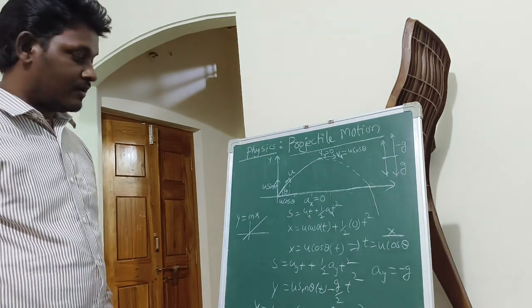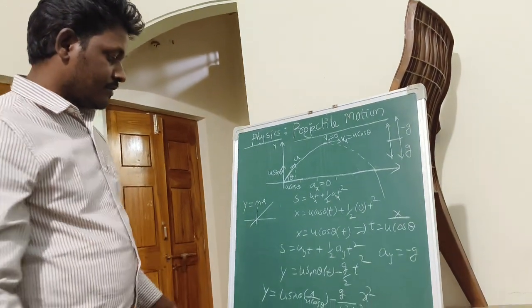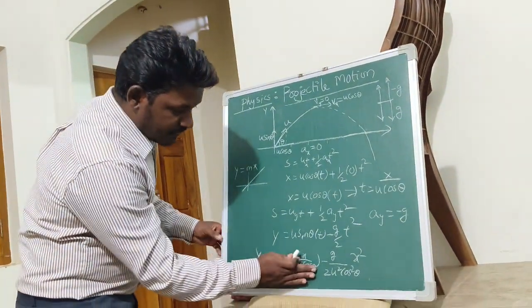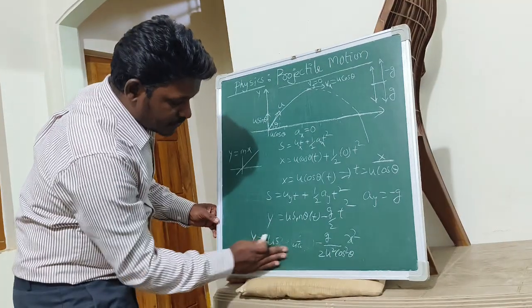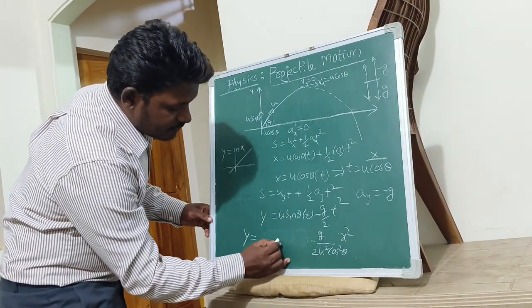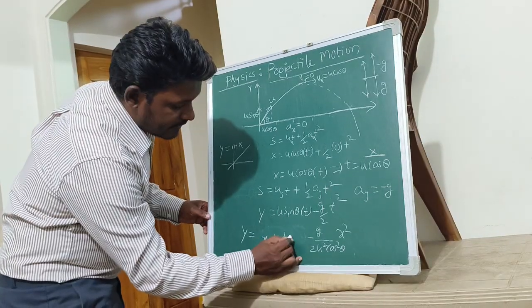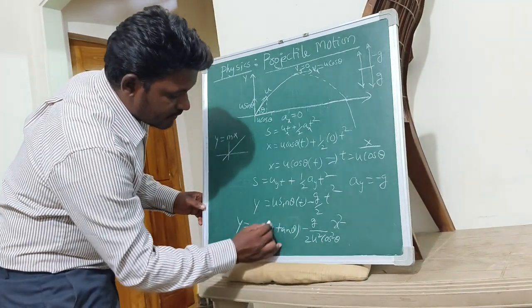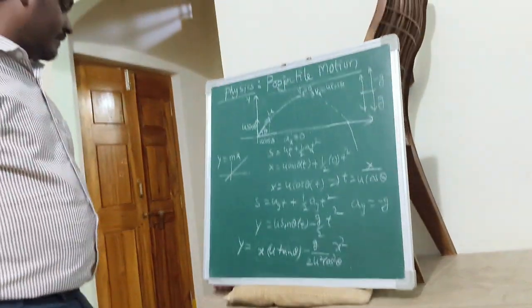So u sin theta by u cos theta is equal to x into tan theta, right?